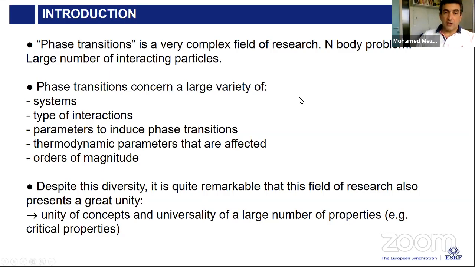And it concerns, as I just showed you before, a large variety of systems, types of interactions, parameters to induce such phase transition, also the thermodynamic parameters that are affected, and the orders of magnitude. And I would say that despite this diversity, it is remarkable that this field of research also presents great unity, the unity of concepts, and also universality of a large number of properties, such as the critical properties.